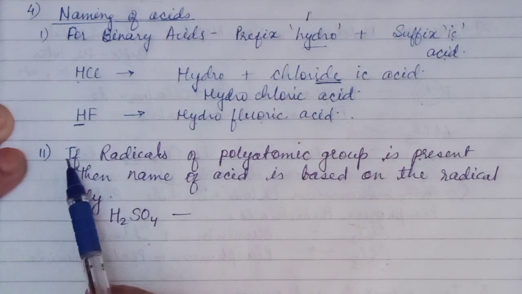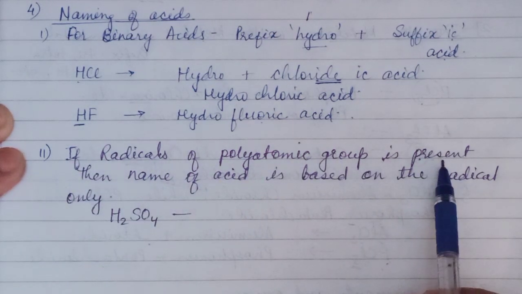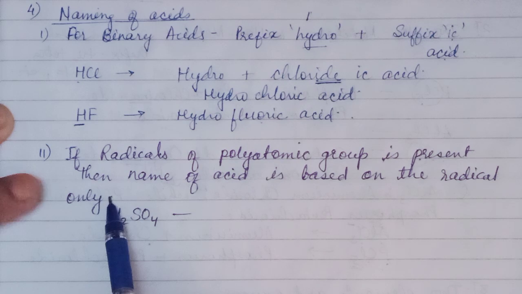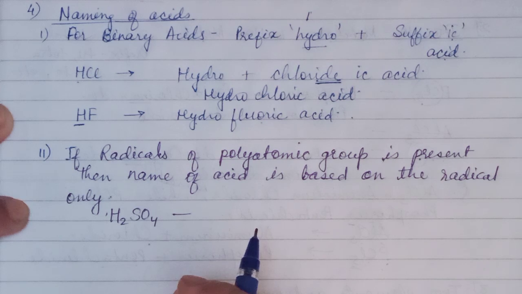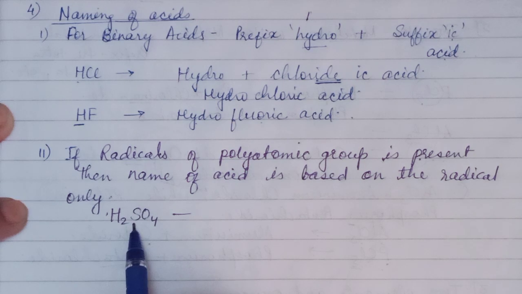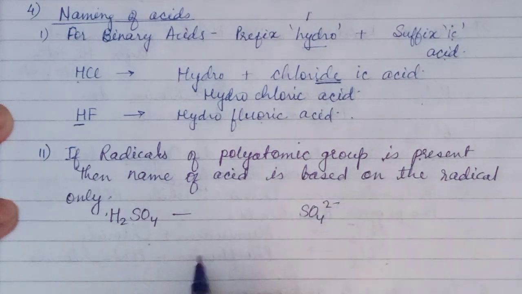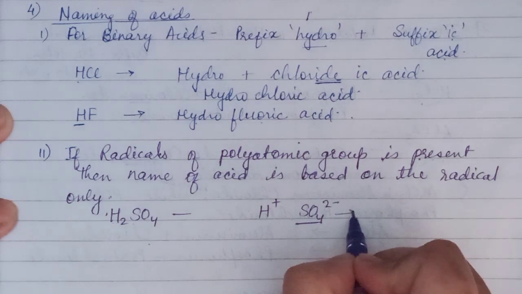Next, if a radical of a polyatomic group is present in any acid, then the name of the acid is based on the radical only. Radical, you all know, is a group of atoms acting as a single unit and having a positive or negative charge. See here, H2SO4. SO4 is the sulfate ion and hydrogen is the H plus ion. So you can identify that this one is a radical.